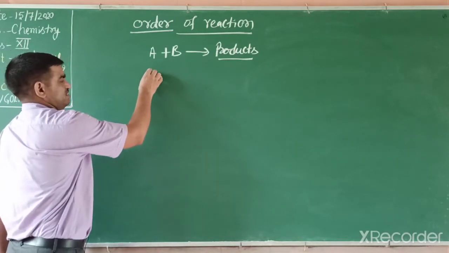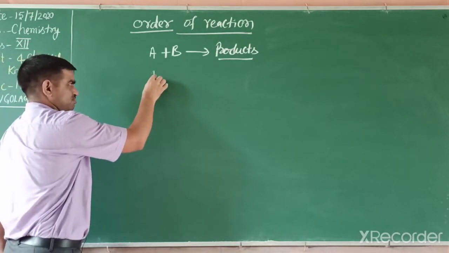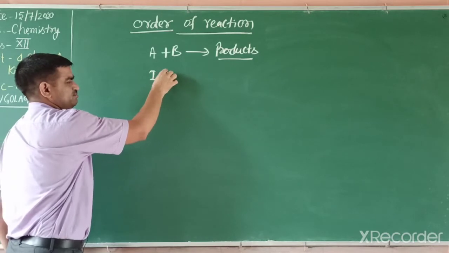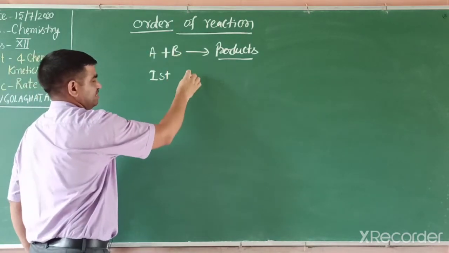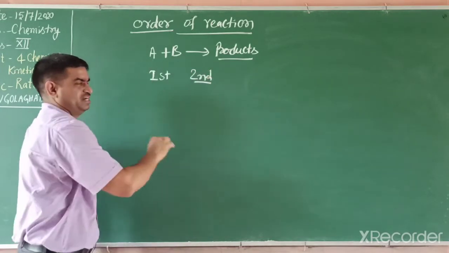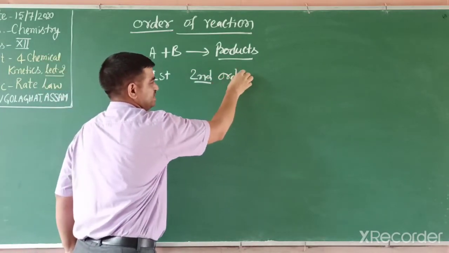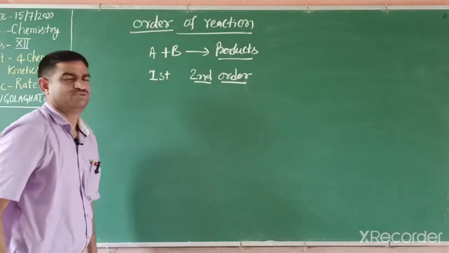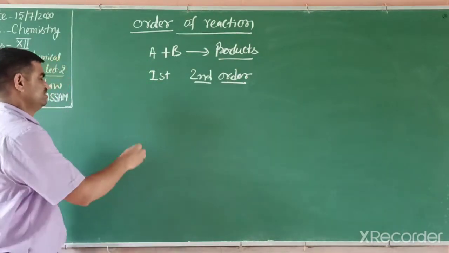It is first order with respect to A and second order with respect to B. So first we write its differential rate equation. How can we write it?